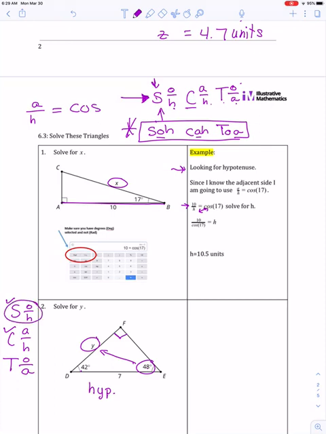So now I'm going to be using sine of 48 degrees is equal to my opposite side, which is y, over my hypotenuse side, which is 7. Okay, multiply both sides by 7. And then type that in your calculator.